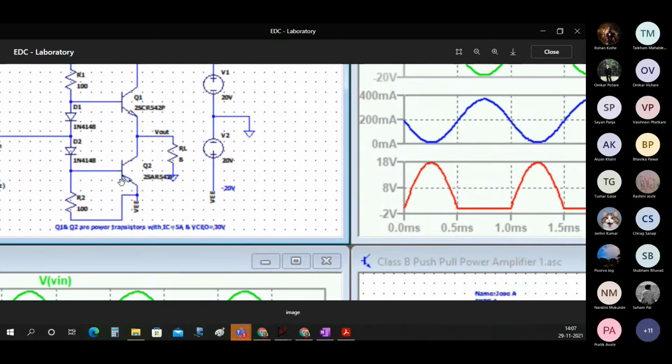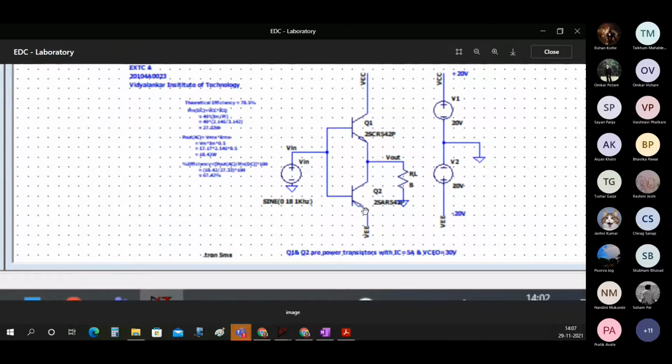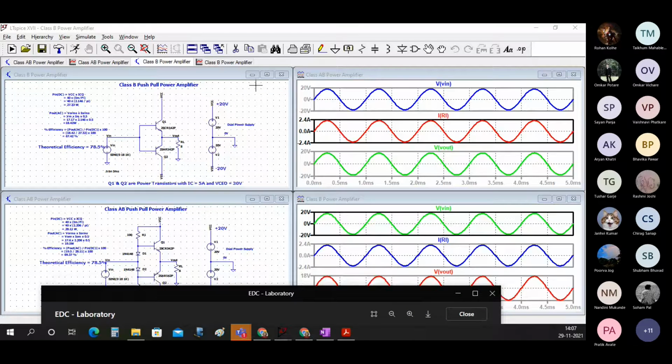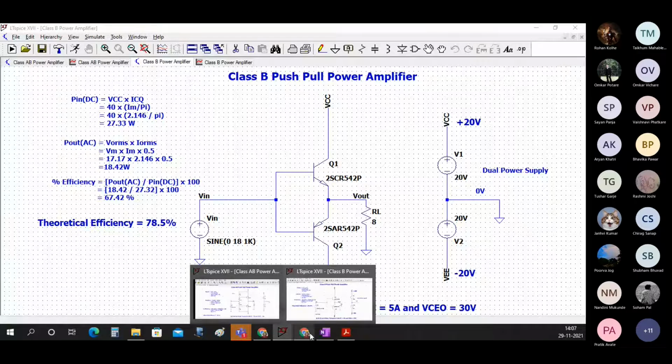And here what you are doing is on top of this. See here your emitter should be connected here. So this should flip like this. See here. This emitter is here, not here. That is why your outputs are coming wrong.